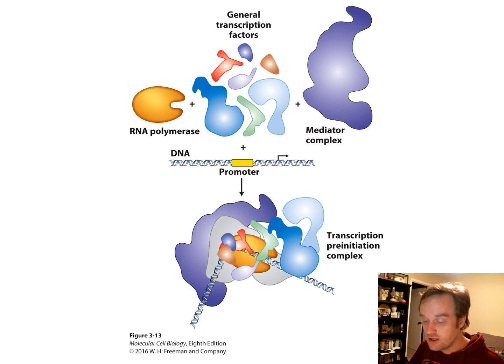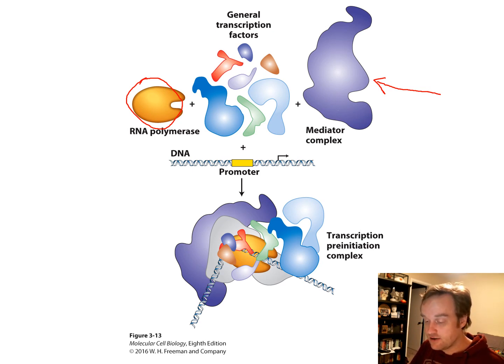In this case, the transcription initiation complex has an RNA polymerase, the actual enzyme that transcribes DNA into RNA, and a mediator complex, which is made of roughly 20 subunits, and helps to assemble all these things at the gene promoter, so they mediate this process.